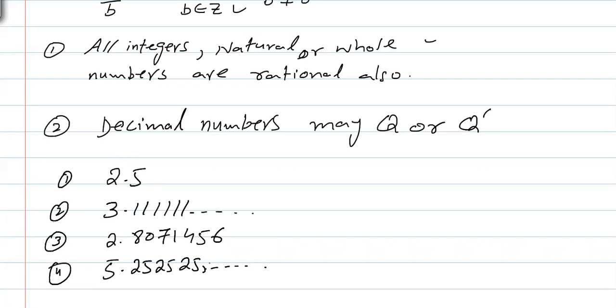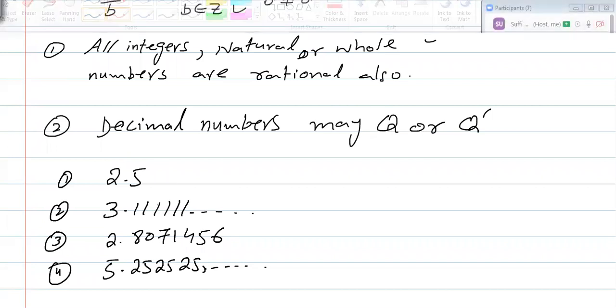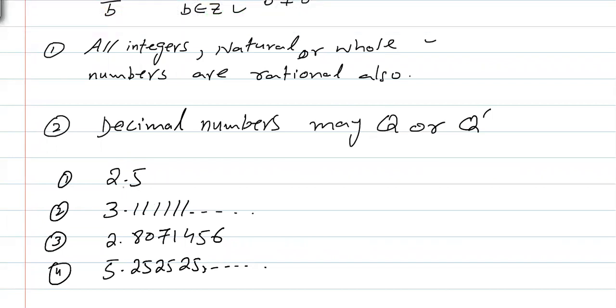I took four examples here. In the first example, you can see after the decimal there is only one digit, and it stops. No more digits are there. I will say it is a terminating decimal.